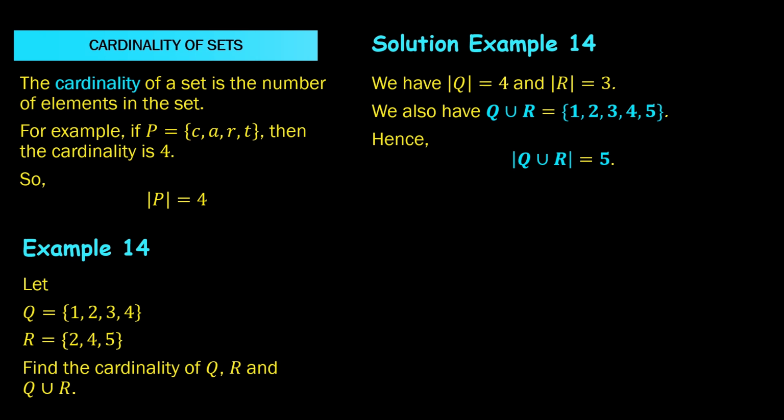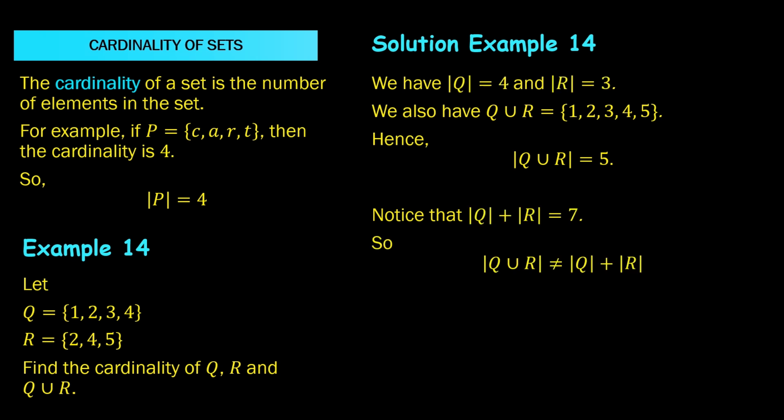Notice that mod Q plus mod R equals 7, 4 plus 3. Therefore, mod (Q union R) is not equal to mod Q plus mod R, since of course 5 is not equal to 7.